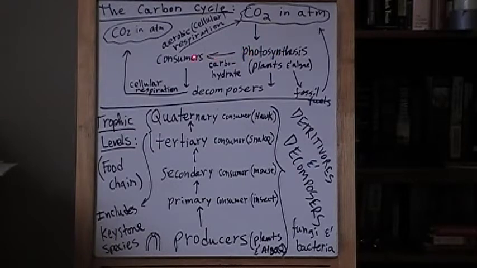And when consumers eat those plants and algae, the carbohydrates that is made in photosynthesis is then oxidized by aerobic or cellular respiration, and that returns CO2 to the atmosphere. Also, when the plants and the consumers die and their bodies decompose, the decomposers, that is the bacteria and fungi, then also do cellular respiration, which again releases more CO2 into the atmosphere.